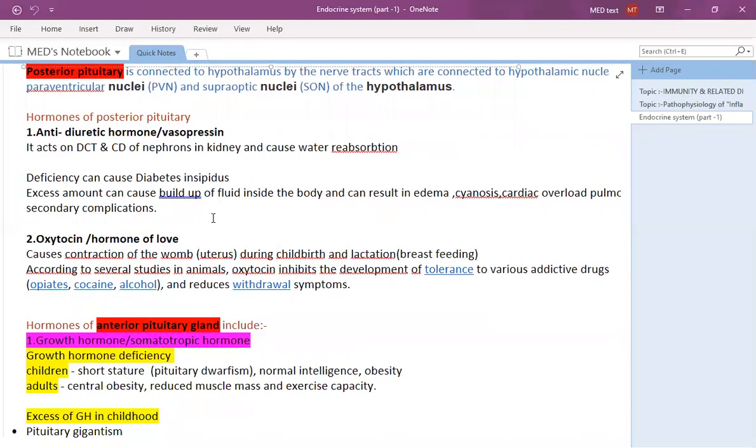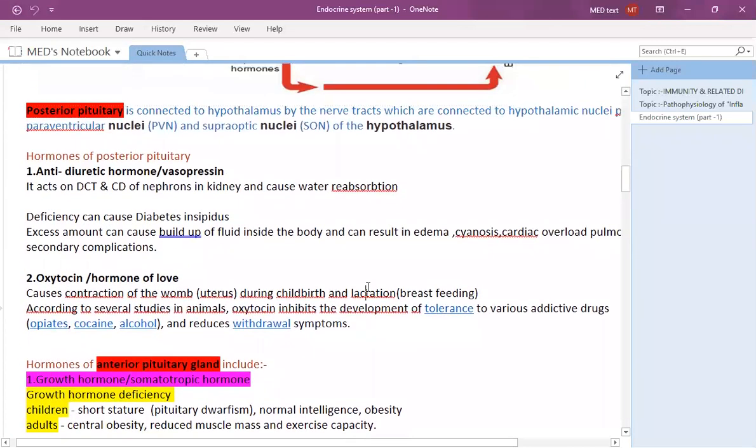So it is one of the pharmacological aspects of oxytocin. It inhibits the response, sorry, in opiates, cocaine, alcohol, and reduces the withdrawal symptoms. So I'll talk about this in the pharmacology in depth. So this is the posterior pituitary: antidiuretic hormone and oxytocin.